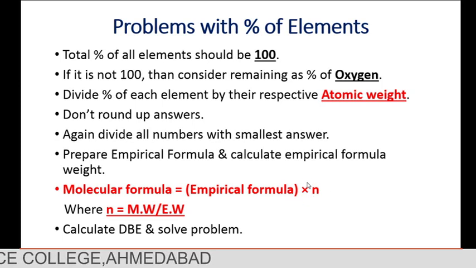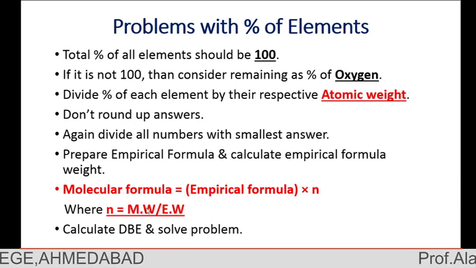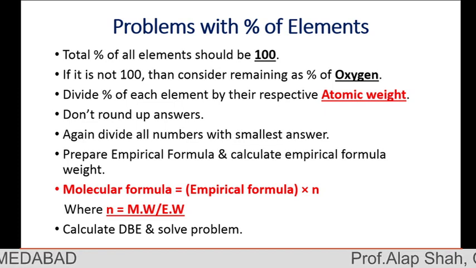But what is n? n is the molecular weight, which is given in the problem, divided by the empirical formula weight. Then, once you get the molecular formula, like the previous session, you can calculate the double bond equivalent and solve the problem. Friends, in this slide I have given the steps. Now let us practically follow these steps and understand them one by one.